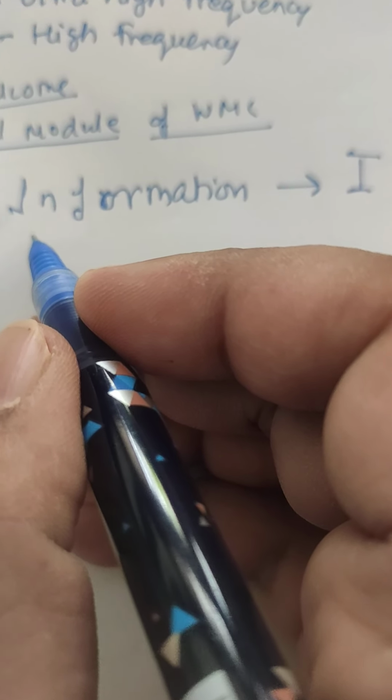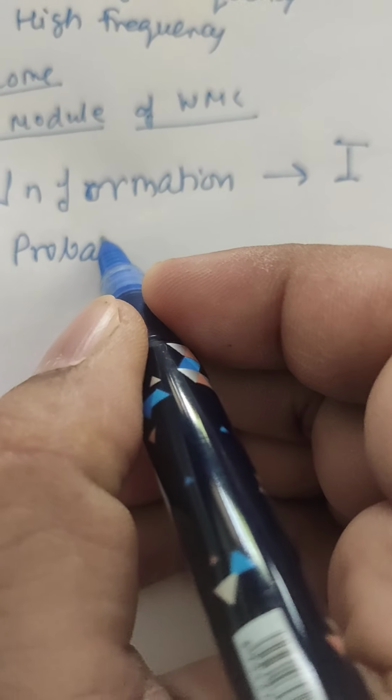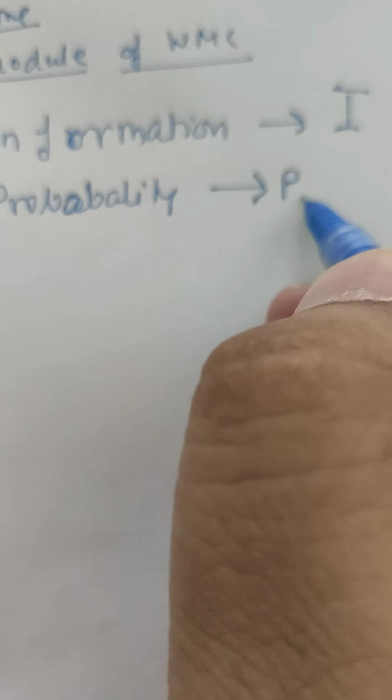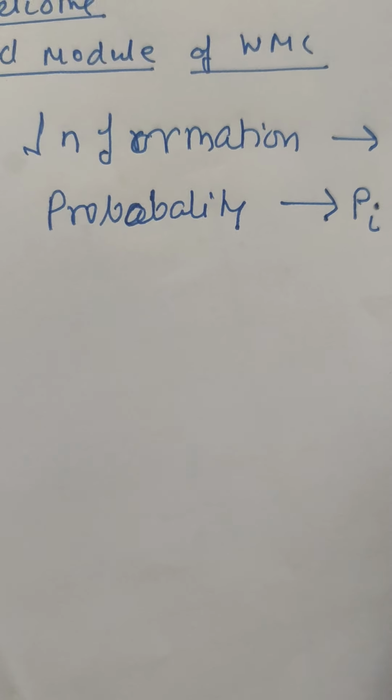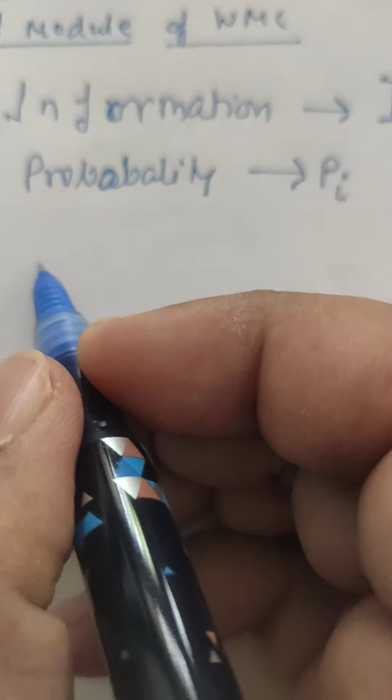Suppose information is denoted by capital I, and the probability is denoted by P of I. I takes the integer values 0, 1, 2 and so on, and the relationship is that I is inversely related to P of I.